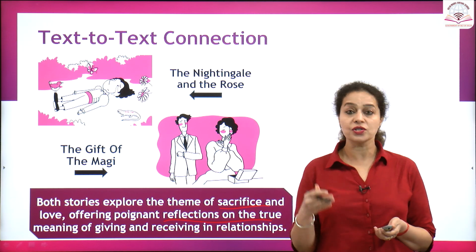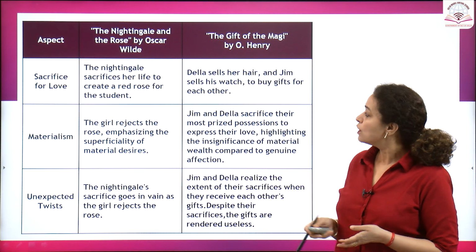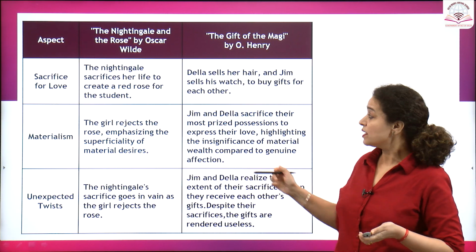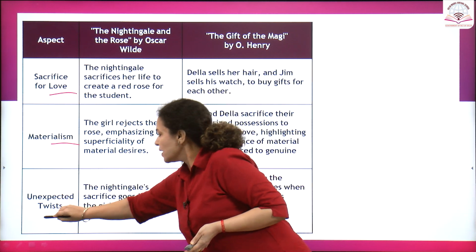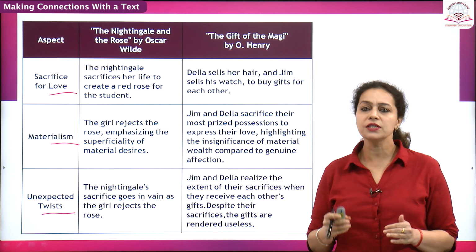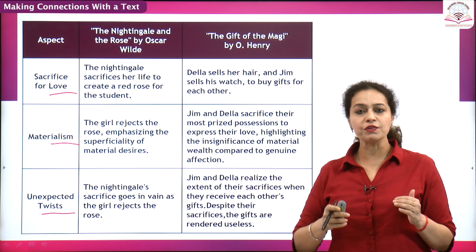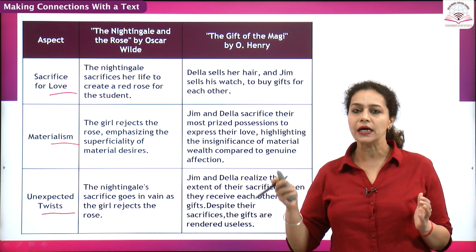There are more connections that can be built upon using these two stories. Let's have a look. First, we can see the connections: basic sacrifice for love, materialism, and unexpected twists that are found in both these stories. So basically, when we talk about text-to-text connection, it is connecting one story with another.